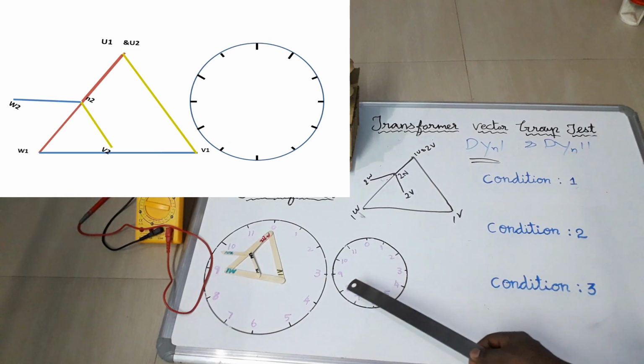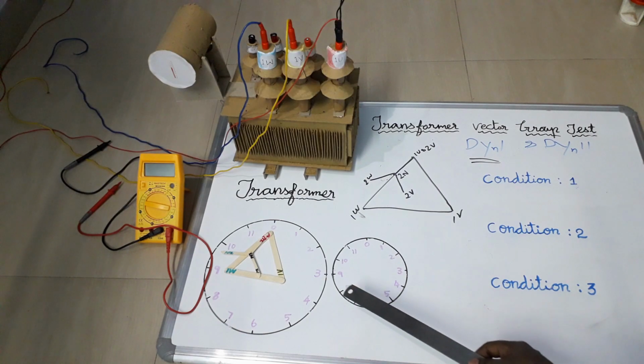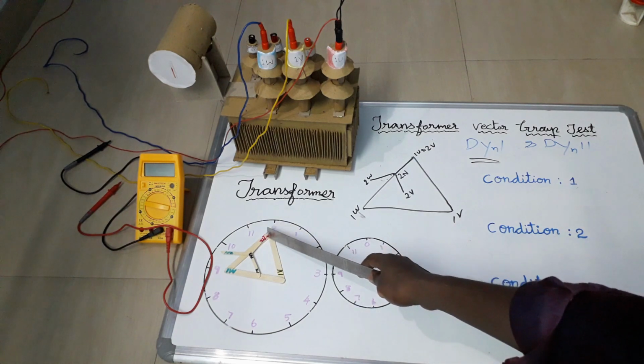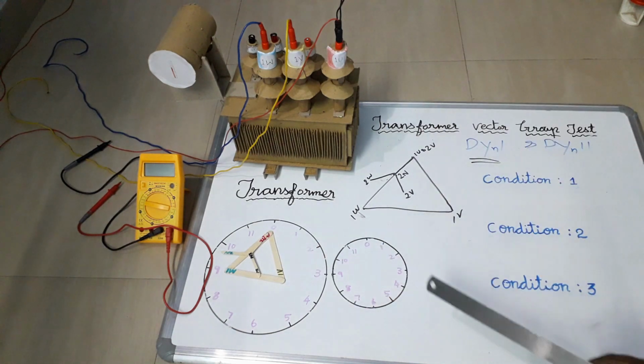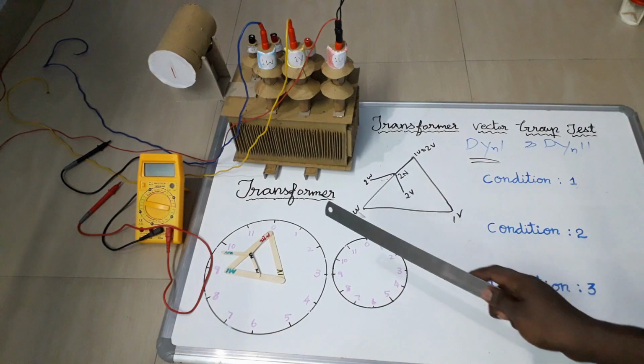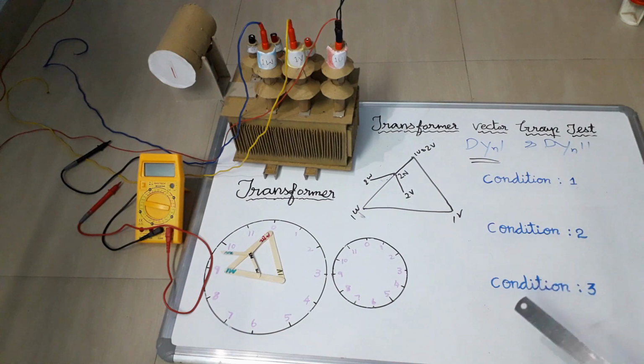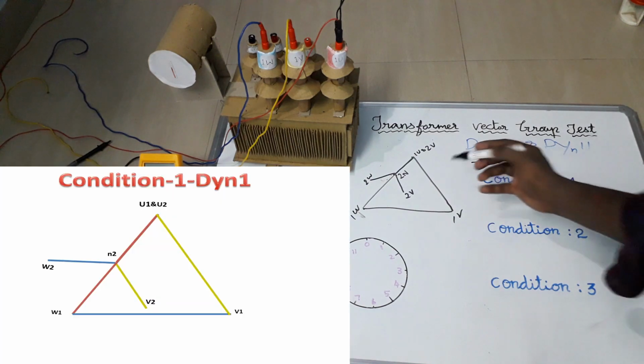I am not going to change any angles. I am going to make it parallel here, because 2U and 1U get shorted. So this is how I have drawn it over here. From this I am going to take the 3 conditions. First we will see condition 1.